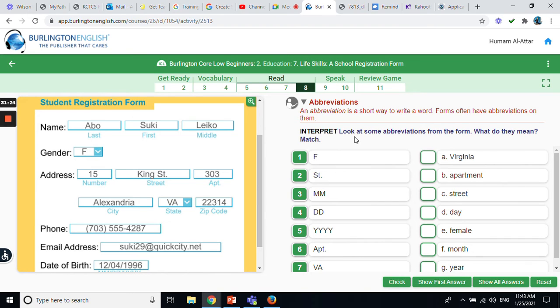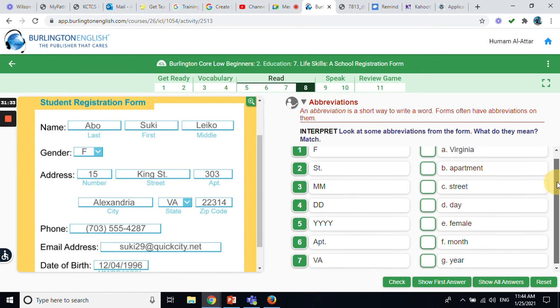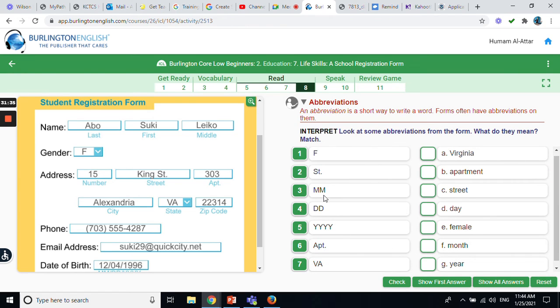Okay, so let's go ahead and look at some of these abbreviations and match them to the words. Okay, so what is F? Ascended.